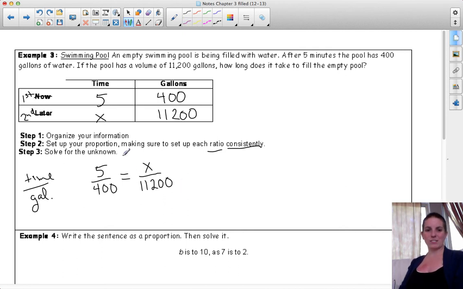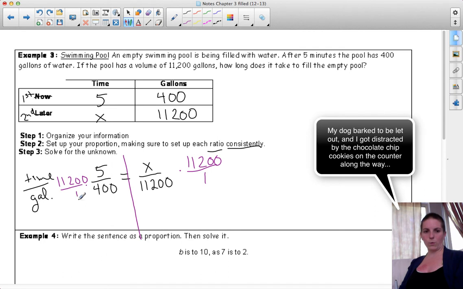Now for my solve step. Multiply by 11,200 over 1. Multiply by 11,200 over 1.